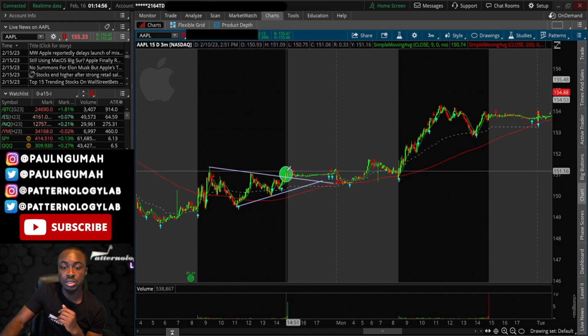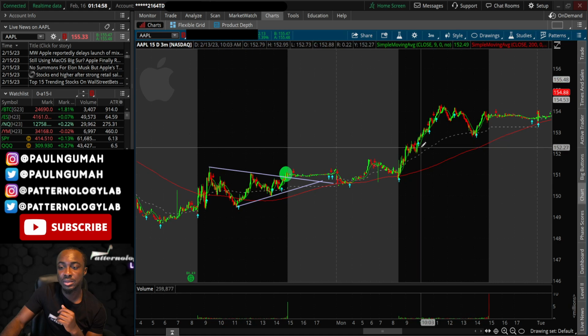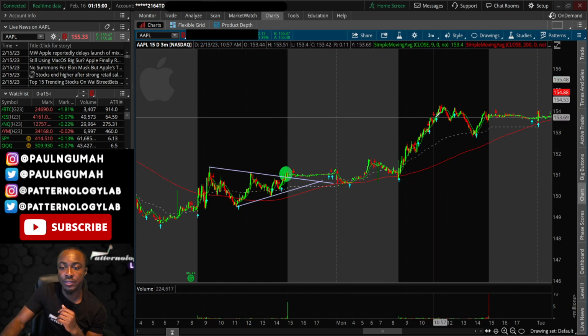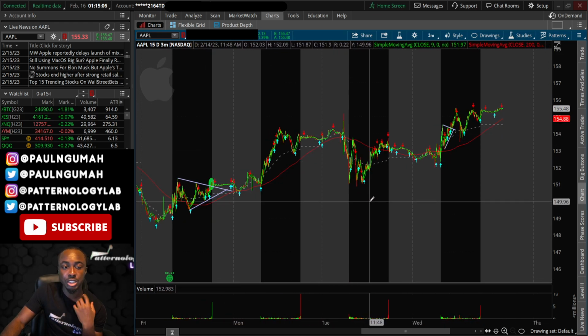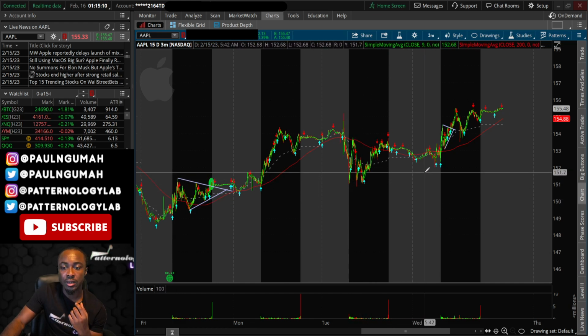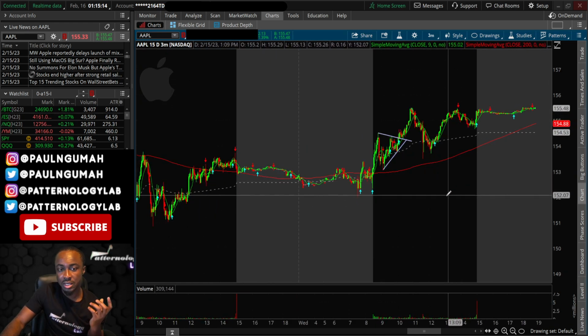I ended up selling early at 152, and it eventually went all the way up to 154. But it is there. This structure shows up constantly over and over again. This week it showed up twice on Apple.